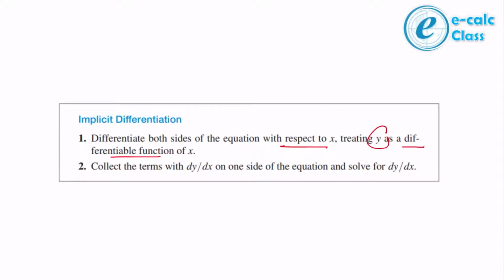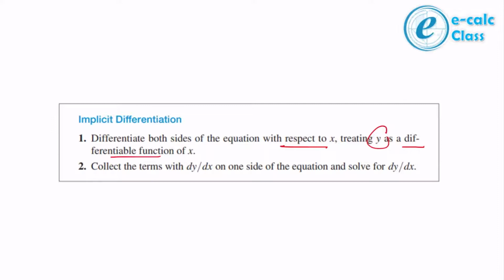So if x and y are stuck together, and we are treating y as a differentiable function of x, it is something like a composite function, isn't it? And in differentiation, when we talk about composite function, the first thing that comes to your mind should be chain rule, right? So we'll make use of chain rule during our implicit differentiation.